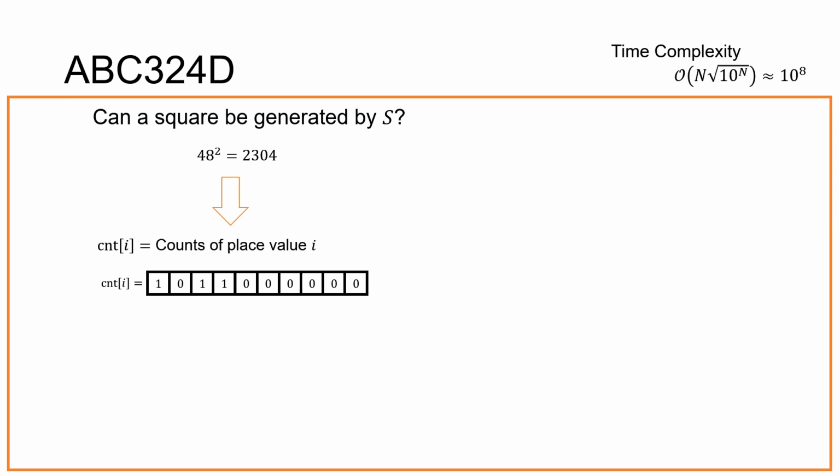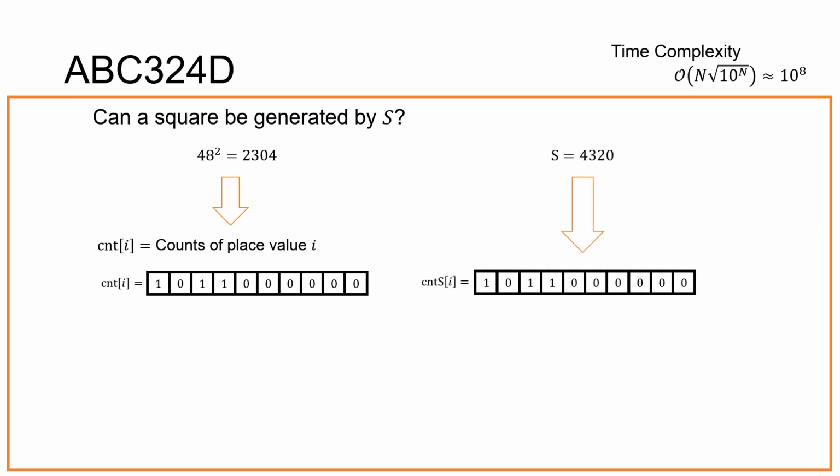First, we prepare a list of length 10 named count and define count of i as counts of place value i in 48 squared. Then, fill in the list.